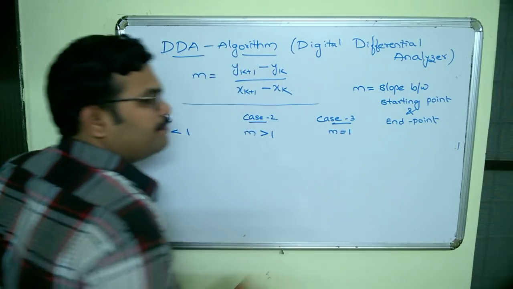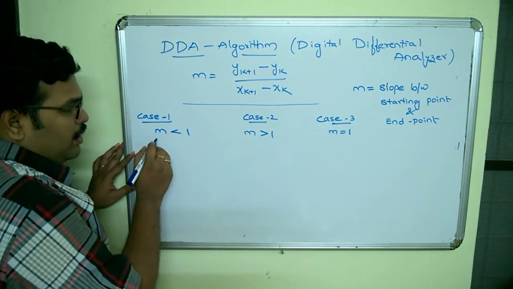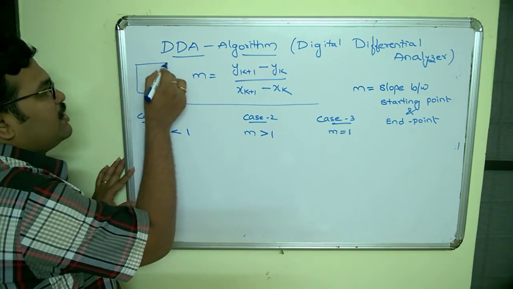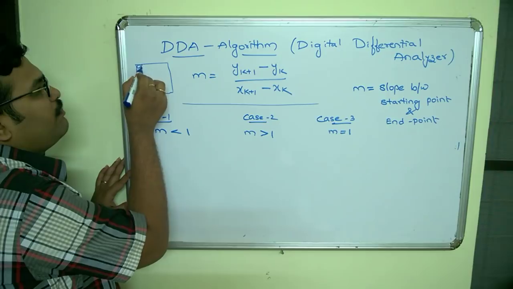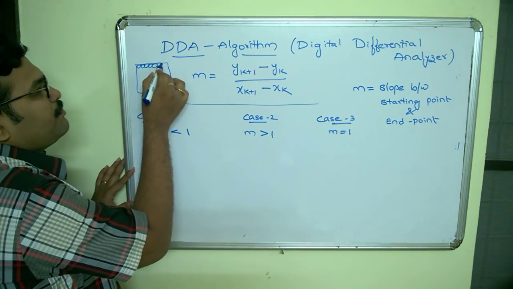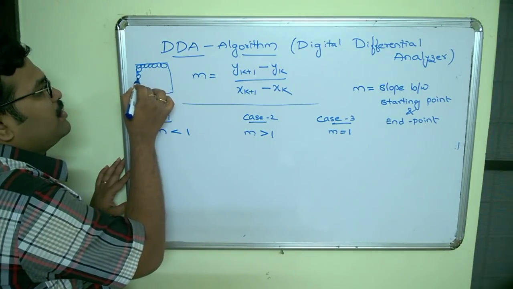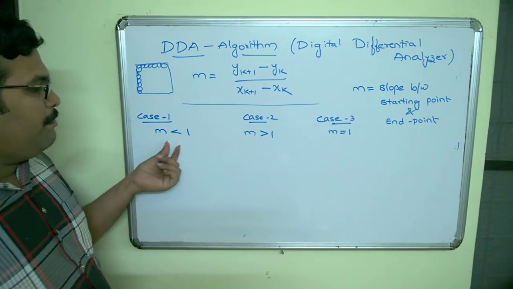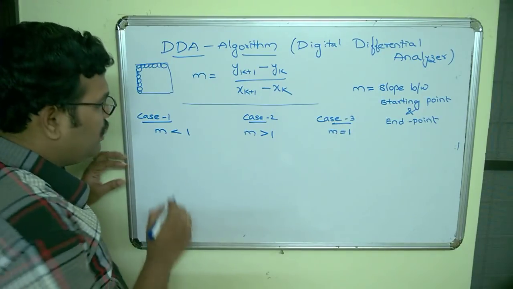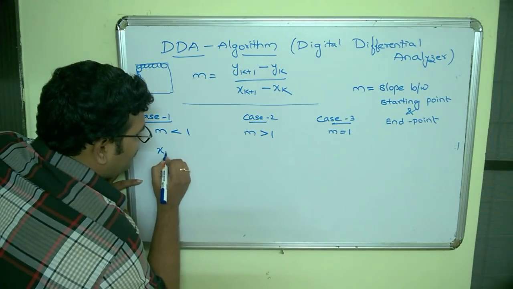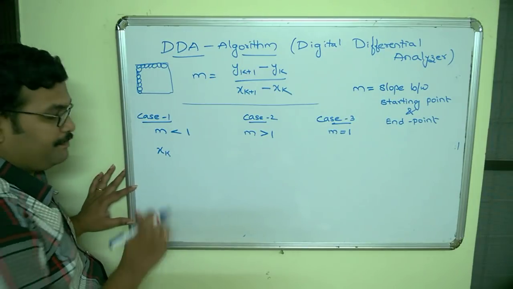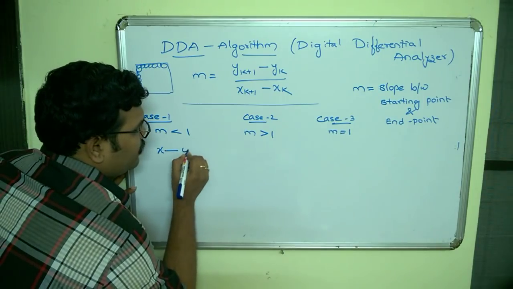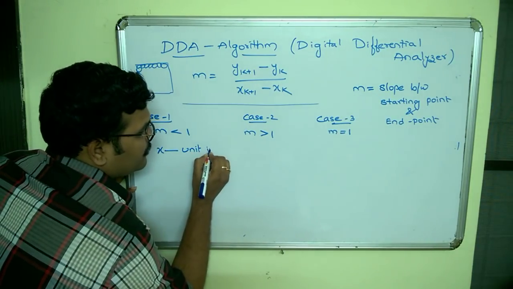In computer graphics, the complete screen consists of a collection of pixels. If m is less than 1, then the x coordinate will change in unit intervals.